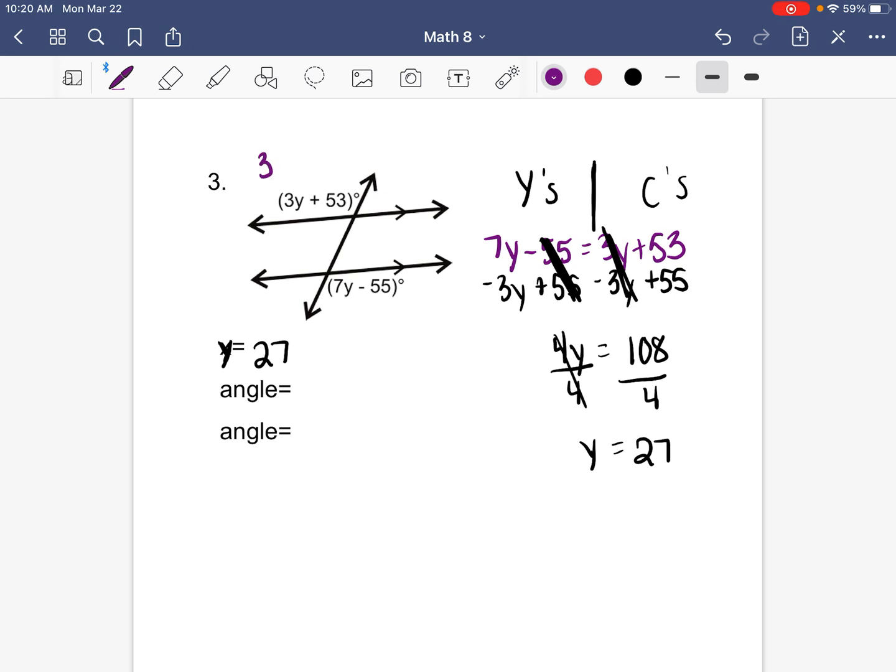I'm going to choose 3y plus 53, so 3 parentheses 27 plus 53. And that's going to solve for our angle, which is 134 degrees. So both angles have to be 134 degrees because they are congruent since they are alternate angles.